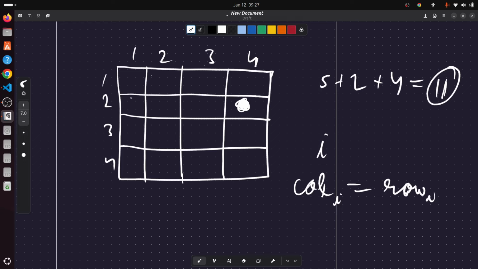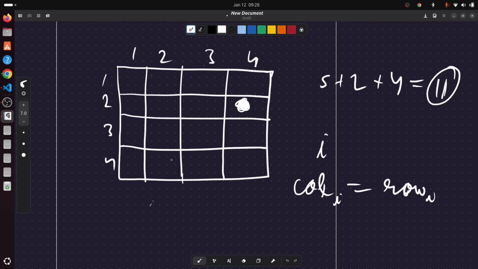Right now 1 and 3 are balanced: row 1 and column 1 both are equal to 0, and row 3 and column 3 both are equal to 0. But row 2 and column 2 are not equal. In row 2 I have 1 stone, but in column 2 I have 0 stones, so it is unbalanced. And in row 4 I have 0, but in column 4 I have 1. So 2 and 4 are unbalanced right now.